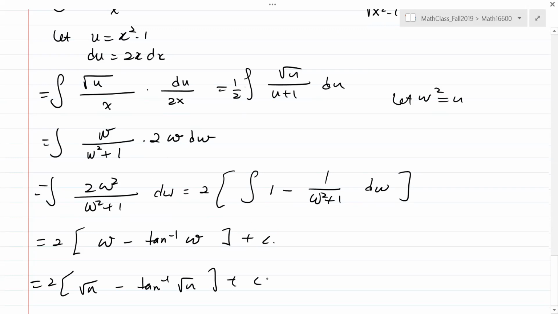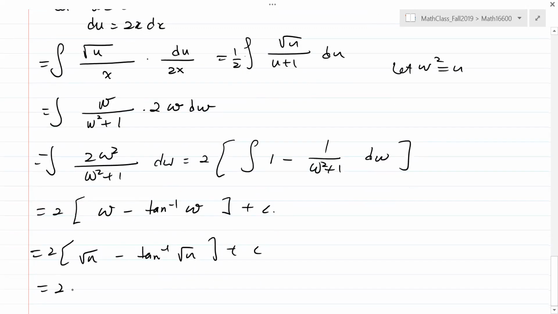And what is u? u is x squared minus 1. We do get an answer like that. Okay, it works out. We do use maybe 3 ideas, 2 substitutions plus the decomposing of 2 functions.